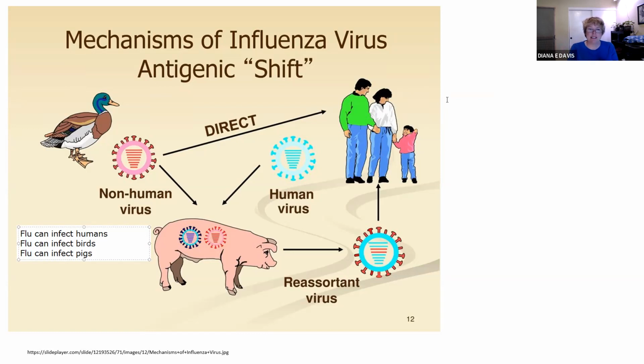The flu that infects birds can sometimes infect humans and sometimes infect pigs, but it primarily infects birds. The flu that infects pigs primarily infects pigs, can sometimes infect humans, and can sometimes infect birds. So it's not that every strain of the flu can infect all three of these. It's that all three of these groups have flu that has the potential to infect each other.